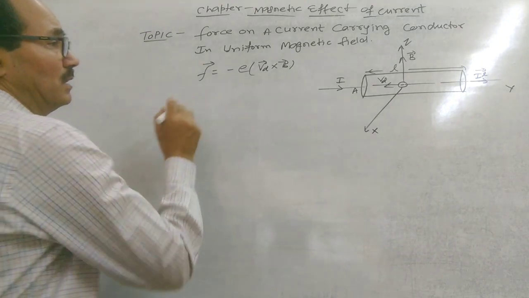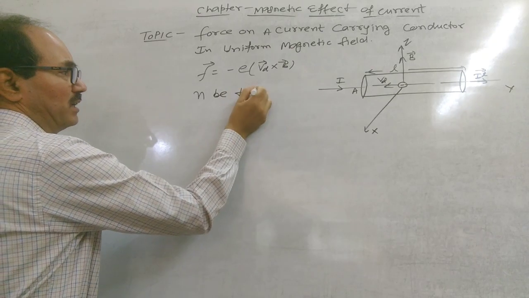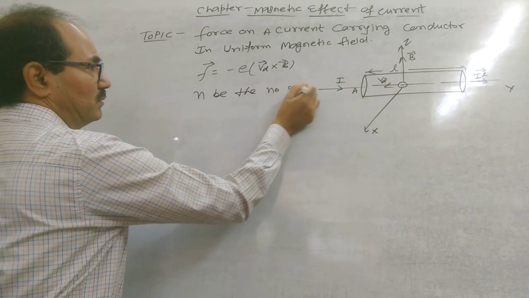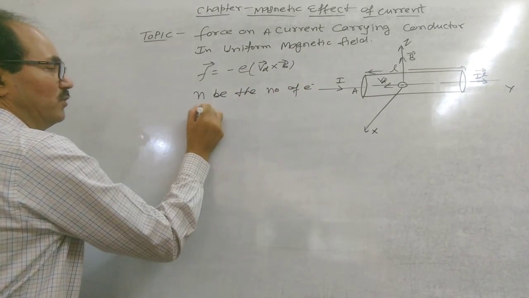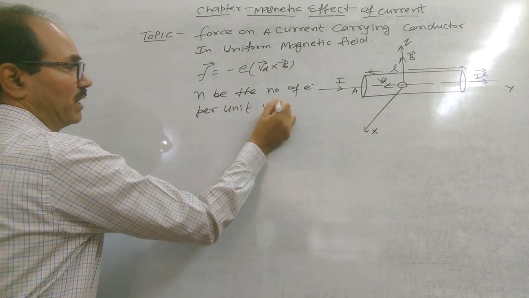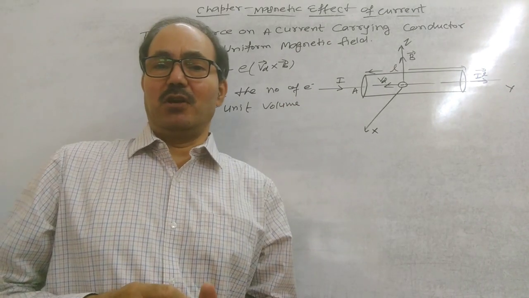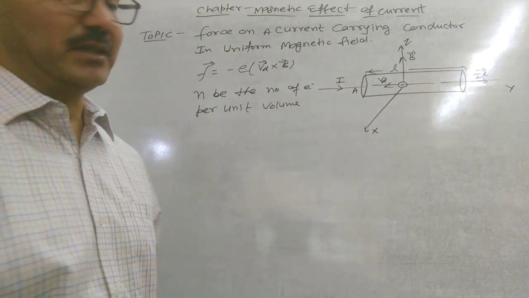Now let n be the number of electrons per unit volume. हमने सपोज किया इसके यूनिट वॉल्यूम में n नंबर ऑफ इलेक्ट्रॉन्स हैं.